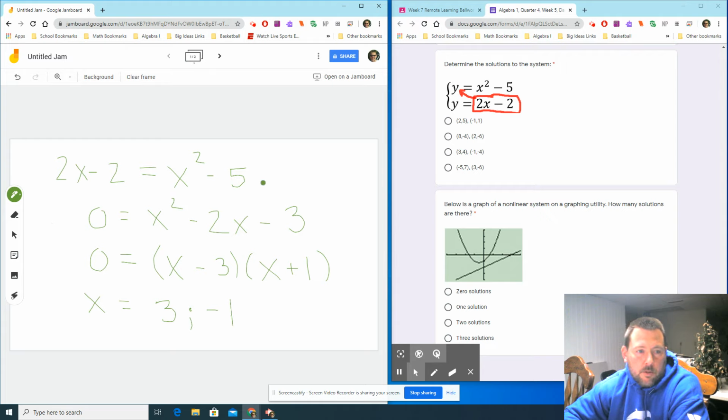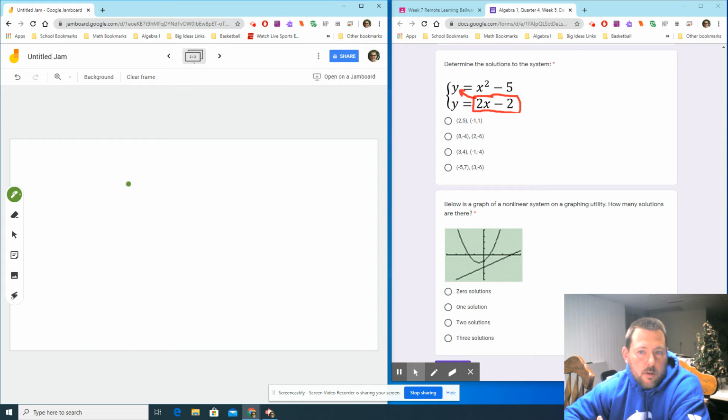So I'm going to go to another slide now, and we're going to take these values and plug them back into either one of these equations. We're going to plug it into this x right here and solve for y, or plug it into this x and solve for y. We might as well use the easier one. So I had an x value of 3 or an x value of negative 1.